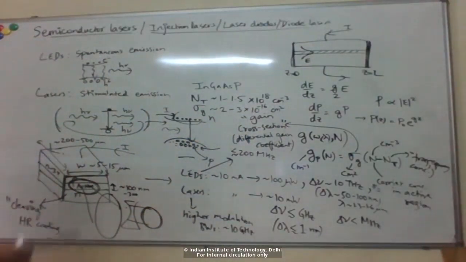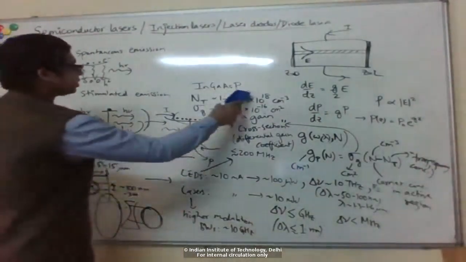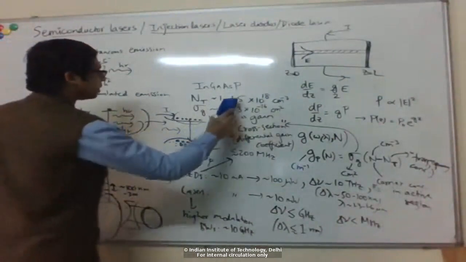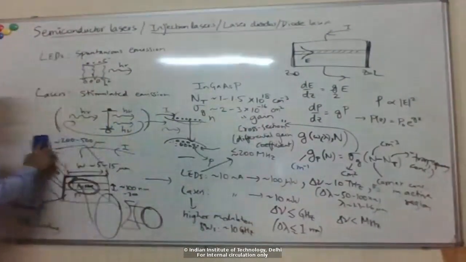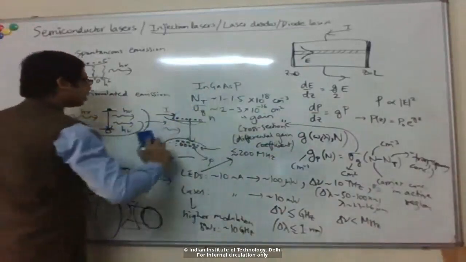That gives you an idea of the numbers involved. You need to exceed this carrier concentration, so typically we go to 10 to the 18th or 10 to the 19th.